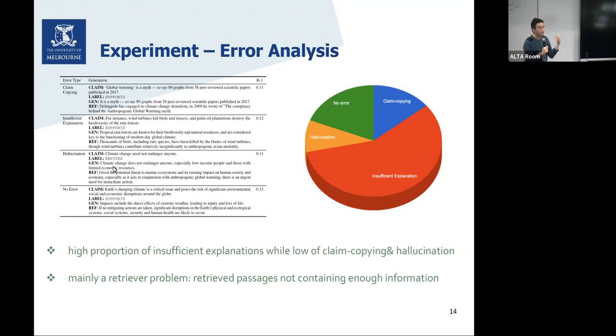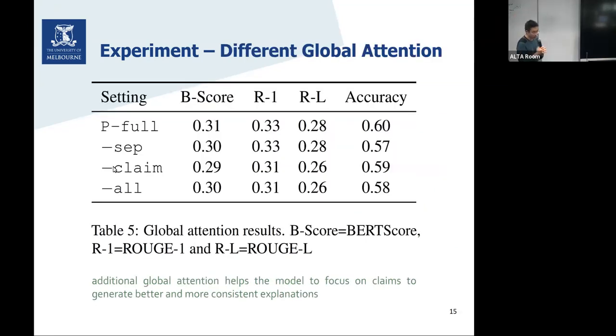If the passages don't contain enough information, even with a very good summarization model, we cannot generate a very faithful, good, plausible explanation. In another ablation study, we tried different global attention settings to see how they affect the whole performance. The result is that additional global attention really helps the model focus on claims to generate better and more consistent explanations.